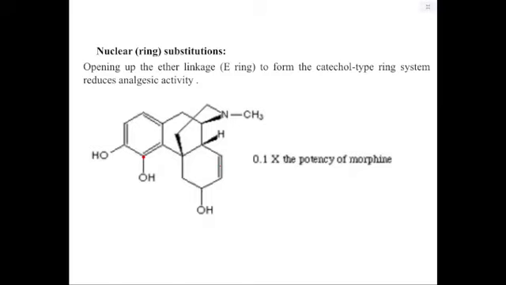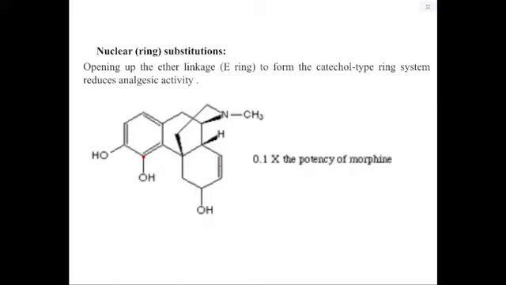This is because that new hydroxyl group has added more polarity. The hydroxyl group, which is free, is much more polar than the oxygen in an ether linkage. Therefore, if you do structural modification like this, the molecule compared to morphine is 0.1 potency of morphine.